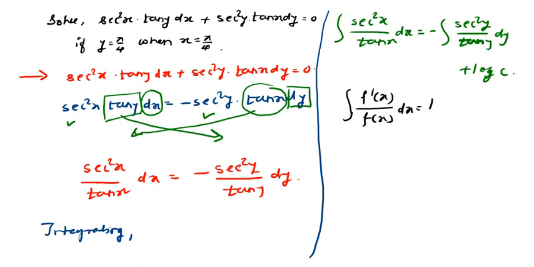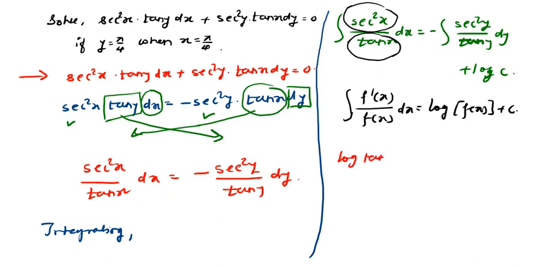Its answer is what? Log of f of x plus c. So this is our function tan x and the derivative of tan x is sec square x. So the answer for the first integration will be log of tan x. Again this is our function tan y and its derivative is sec square y, so this will be minus log of tan y plus log of c.